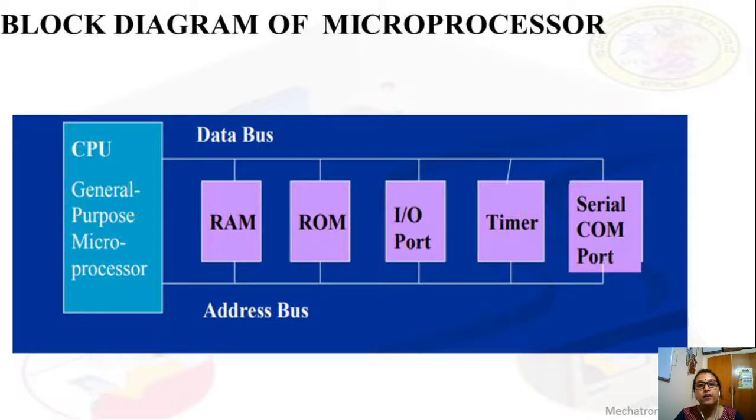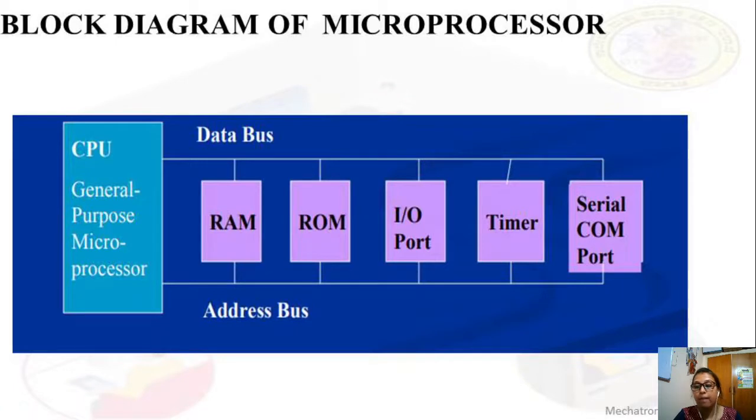How is the processor going to communicate with the memory, input-output ports, timer, or serial or parallel communication ports? It will communicate through the data bus or address bus. What is a bus?